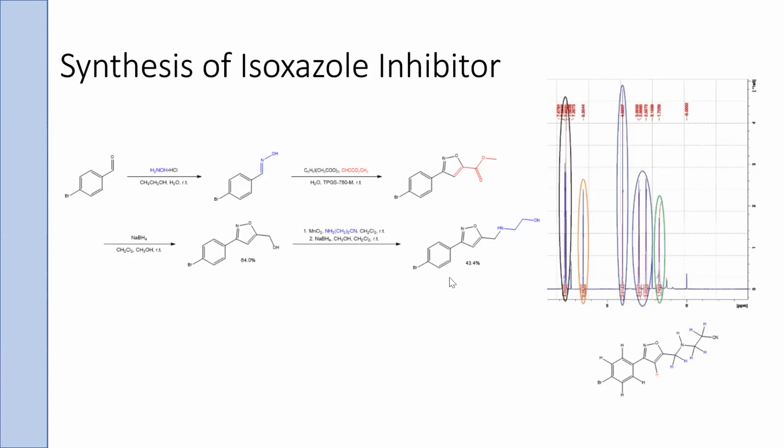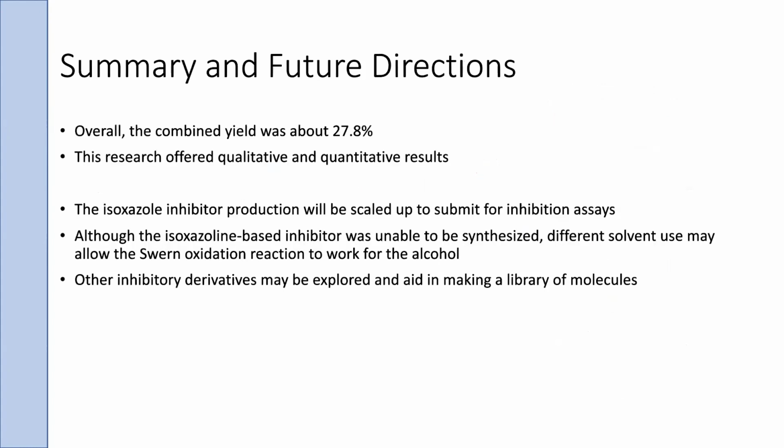After purification, a yield of 43.4% was obtained, and the product was fully characterized by NMR, as you can see to the right. Black, orange, blue, and green circled peaks are color-coded and represent the hydrogen atoms present in the benzene ring, isoxazole, the BAPN linkage point, and the chain's entirety, respectively, according to the molecule shown here, proving that the target molecule was successfully synthesized.